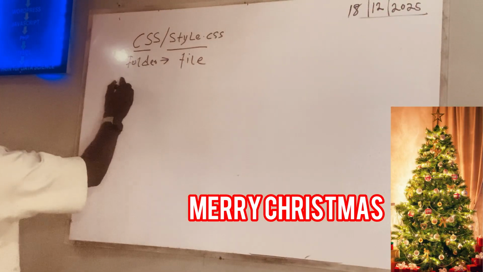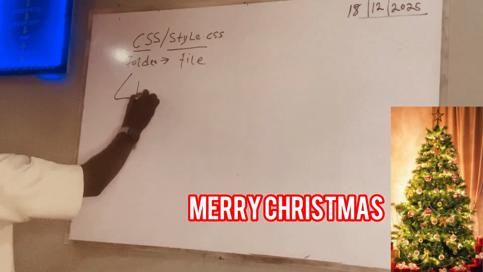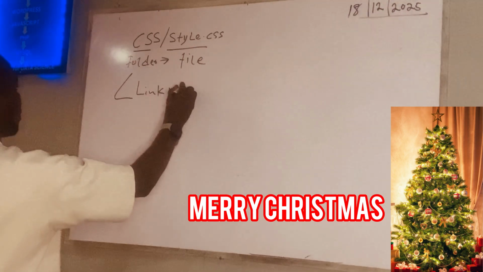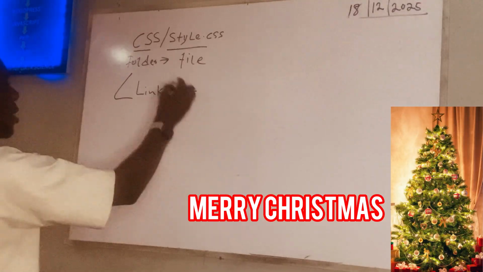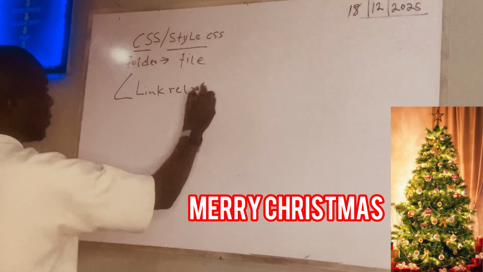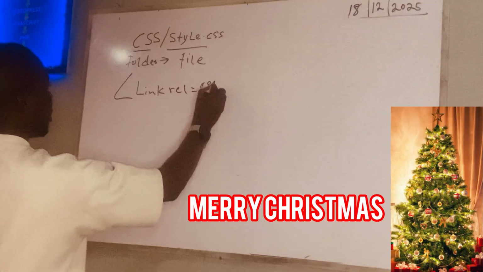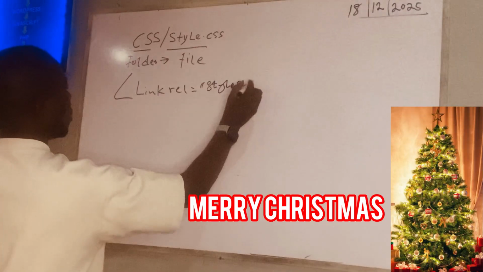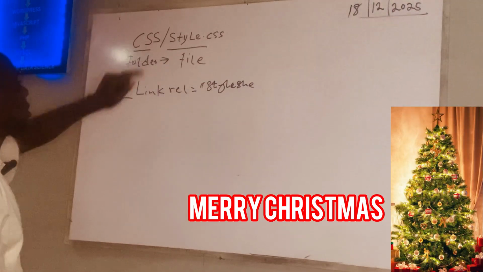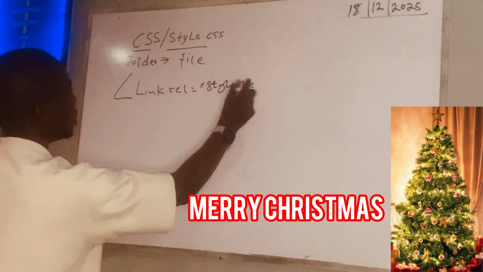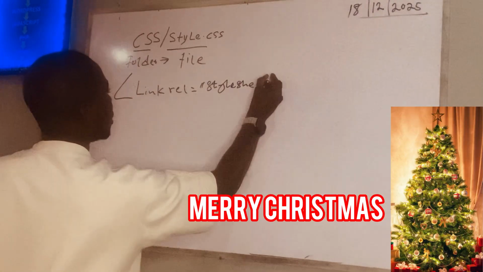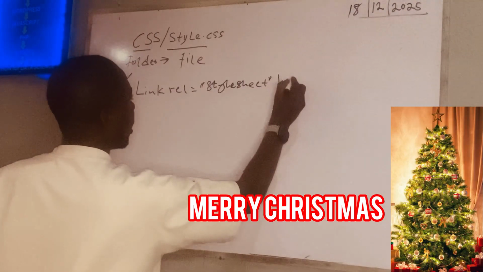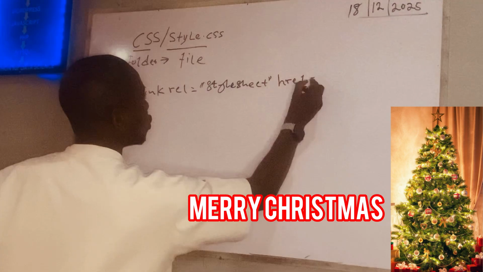You say link, rel equal to, okay, then you say double quote mark, then you say stylesheet, which is cascading style sheet, okay, then you close the double quote mark like this, then you say href, hypertext reference, is equal to again.